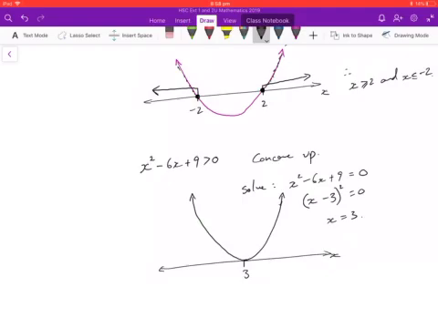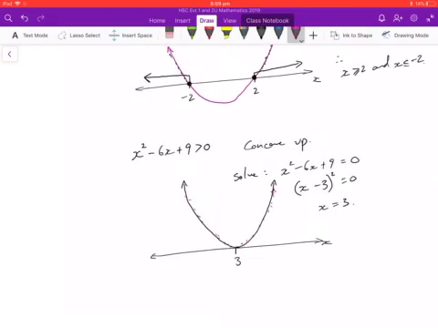Greater than 0 is all this part, and this whole part is above the x-axis. So it's everything above 3 and everything below 3. So the answer is x is greater than 3 and x is less than 3. Or we could just say x not equal to 3. That's a slightly different way of doing it.